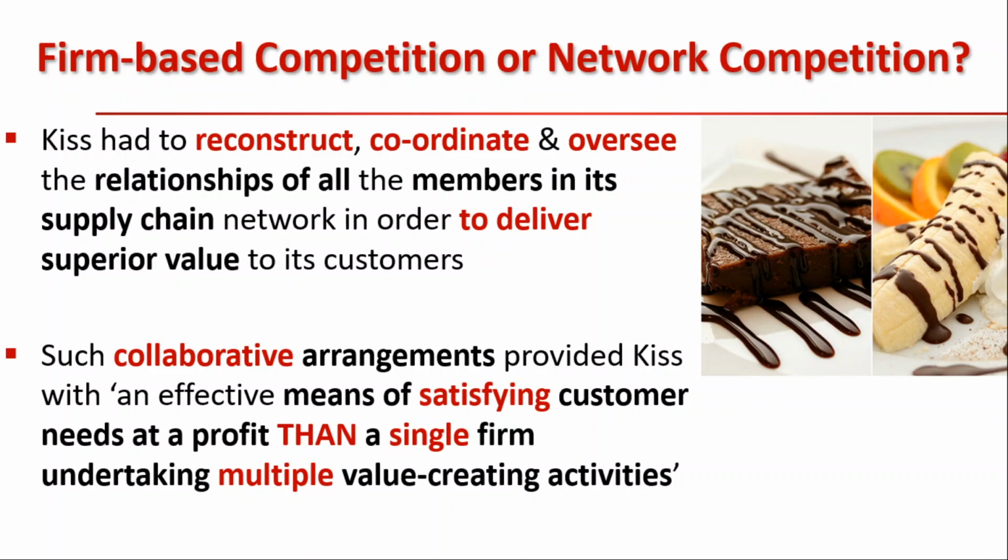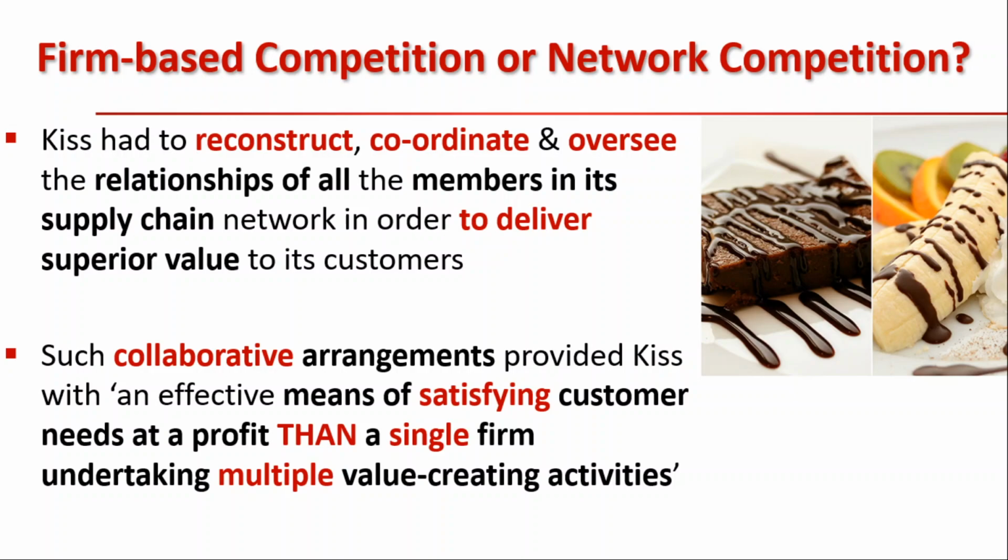The collaborative arrangements here mean that they satisfy customer needs at a profit rather than a single firm undertaking multiple value creating activities. Ideally, going back to the example with the bakery, in order for them to satisfy a customer, they would have to take back a product and replace it with something at a cost.